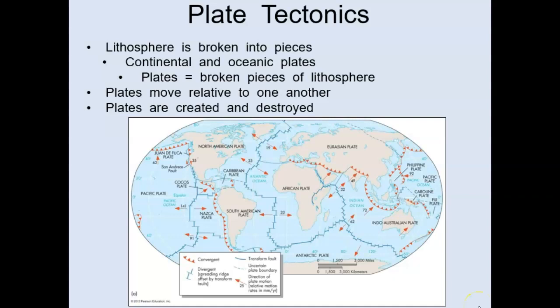When I say that material is being created or destroyed, I don't mean that the whole plate will necessarily be exhumed out of Earth all of a sudden, or that a new plate will suddenly appear, but rather that pieces at the edges or boundaries of the plates will be created, will be destroyed, or will simply be shifting relative to one another, okay? We'll look at these again in detail as we go along the lecture.